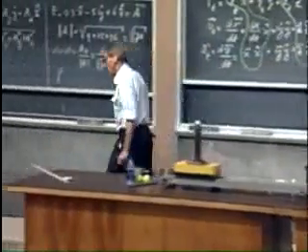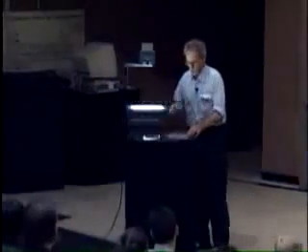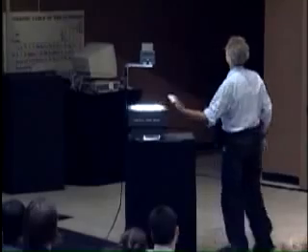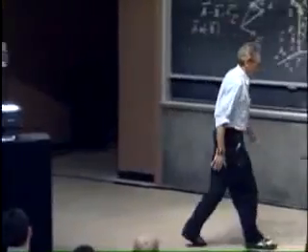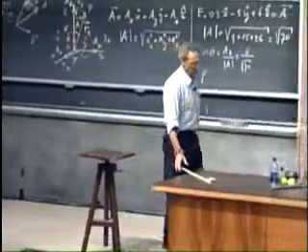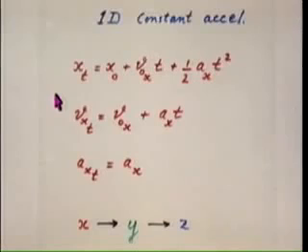We know the equations so well from our last lecture from one-dimensional motion with a constant acceleration. The first line tells you what the x position is as a function of time. The index t tells you that it's changing with time. It is the position at t equals 0 plus the velocity at t equals 0 times t plus 1/2 a_x t squared, if there is an acceleration in the x direction.